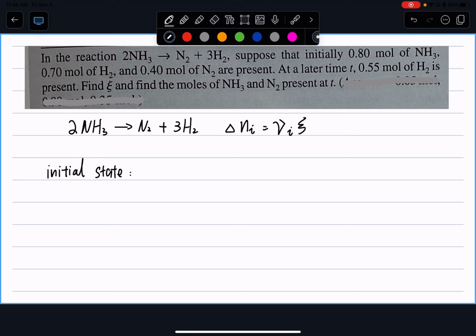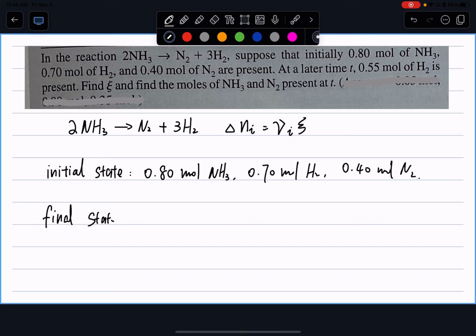This part I'm just rewriting the question here. That equals 0.8 mole of NH3 and 0.70 mole of H2, 0.40 mole of N2. And we have our final state.